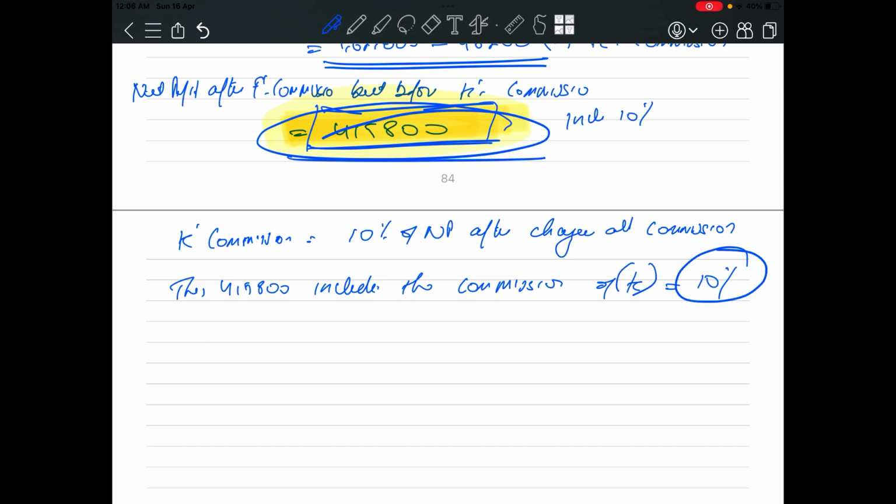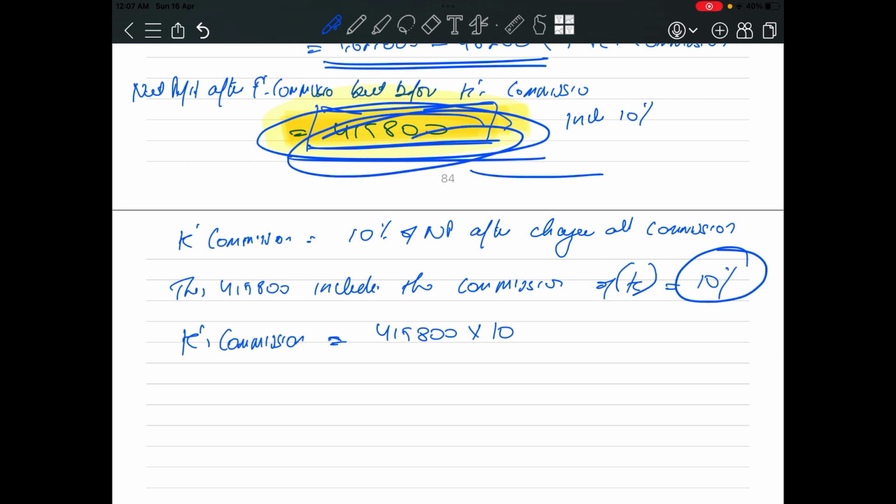Now how will I calculate K's commission? I know that this 415,800 includes 10% of K's commission, and this 415,800 is 110%. What do I mean by 110%?